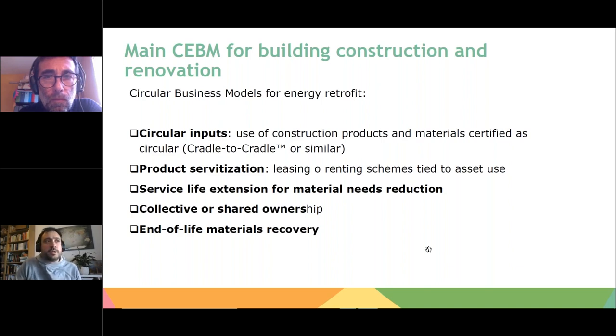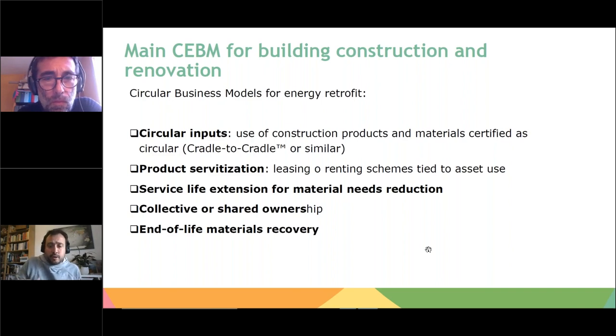So that's something that is already happening, and it's getting importance because the EU has set ambitious targets for the decarbonization of the building stock, and circular inputs are critical in building construction and retrofitting.